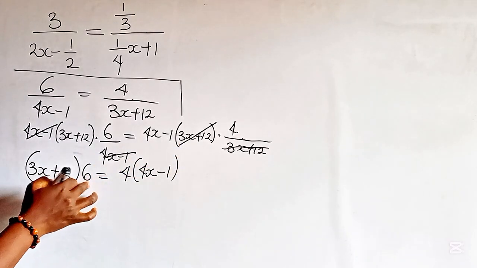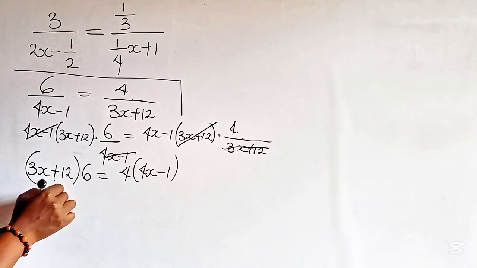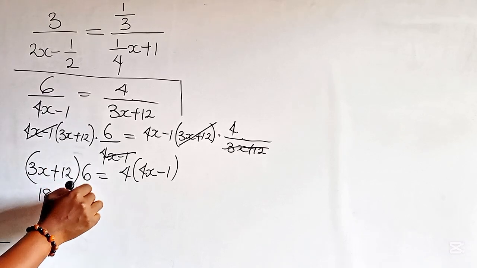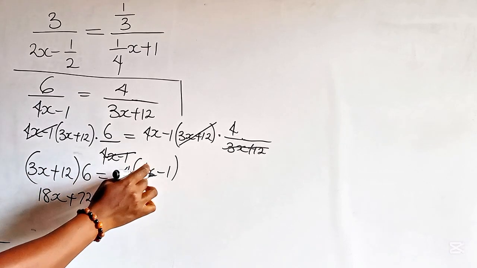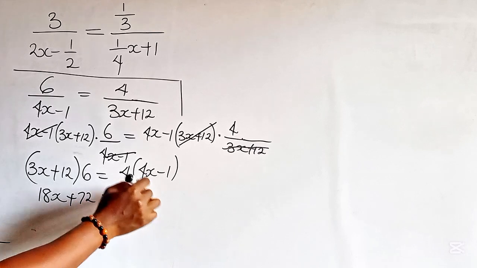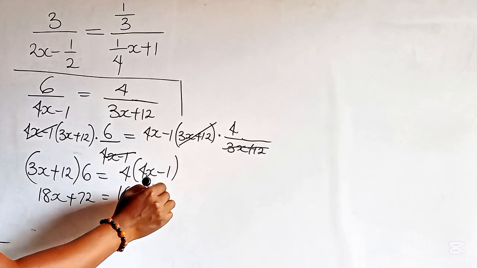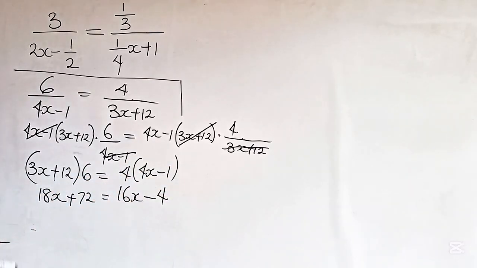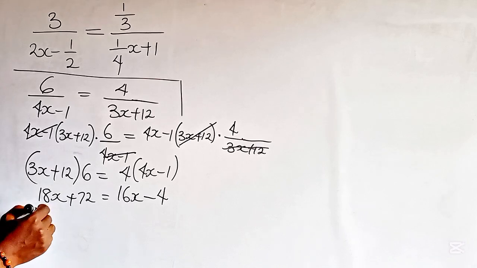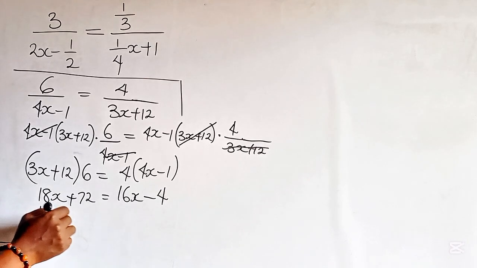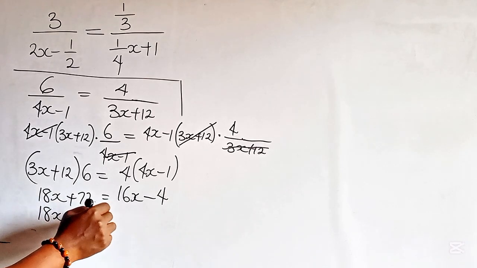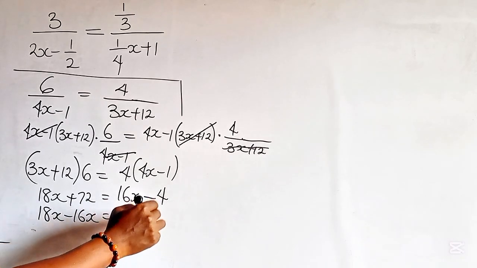Let's expand. 6 times 3x will give us 18x. 6 times 12 will give us 72 is equal to 4 times 4x will give us 16x. 4 times minus 1 will give us minus 4, right? At this point, we are going to group like terms together. So 18x minus 16x is equal to minus 4 minus 72.